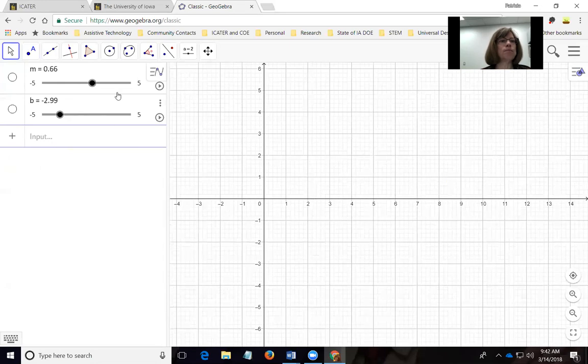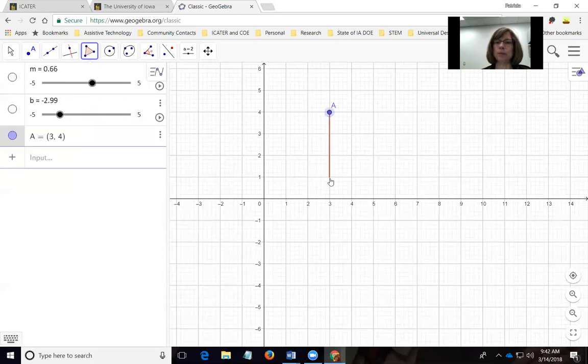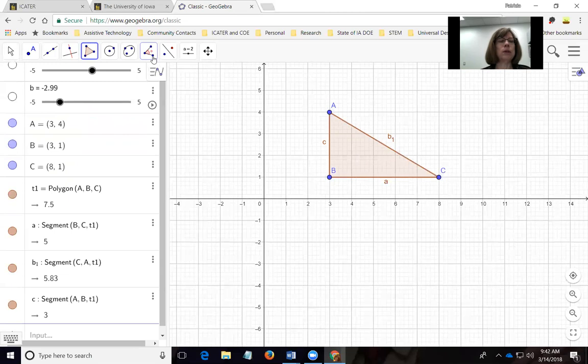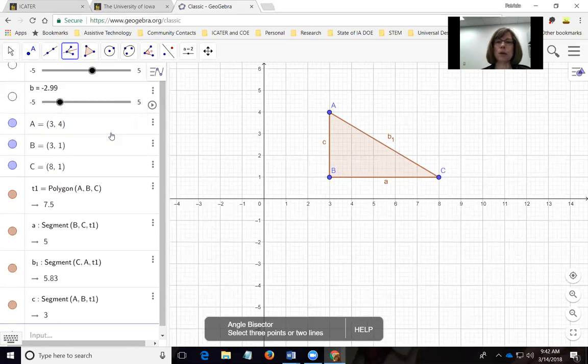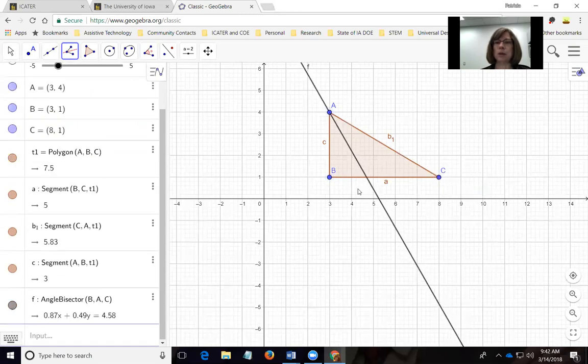A couple other things I just want to show you. I showed you the triangle. Let's just look at a triangle again. And I want to see if I can make some, I think they're on here, angle bisectors. So if I wanted to make a bisector of this, really what I'm trying to do is figure out what the center of this triangle is.